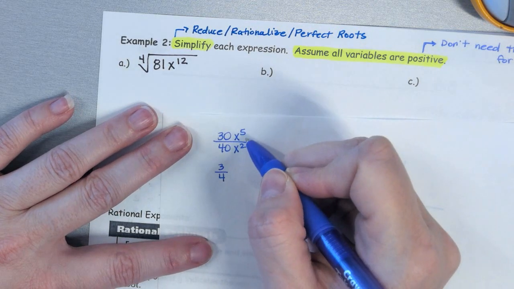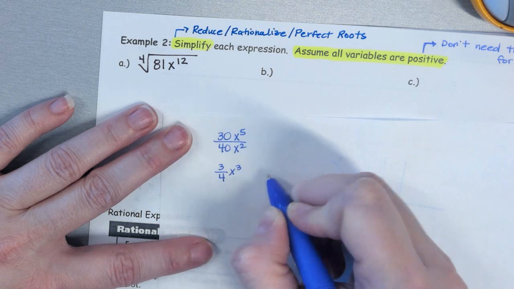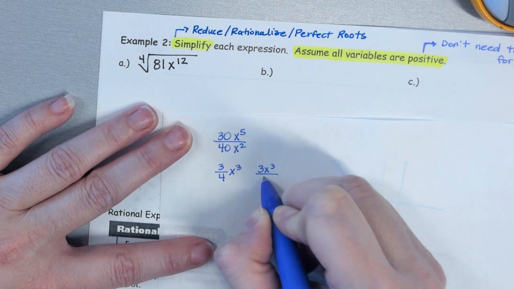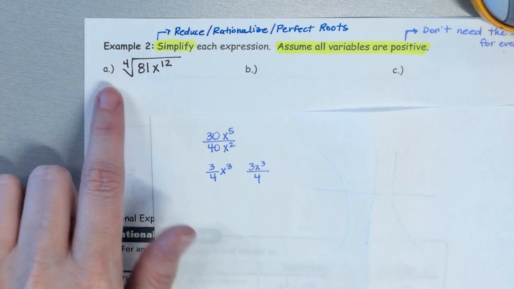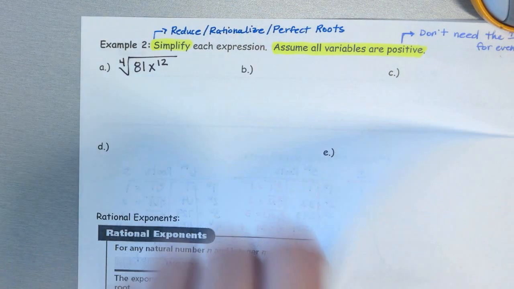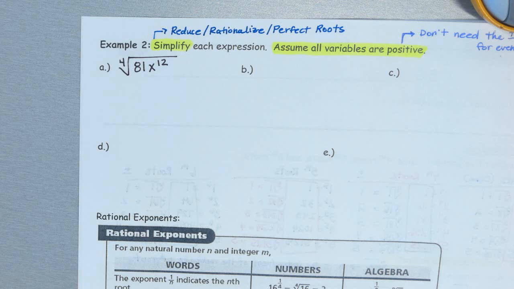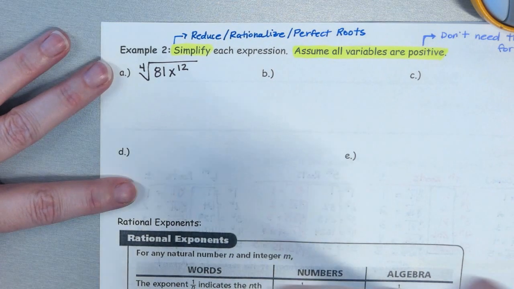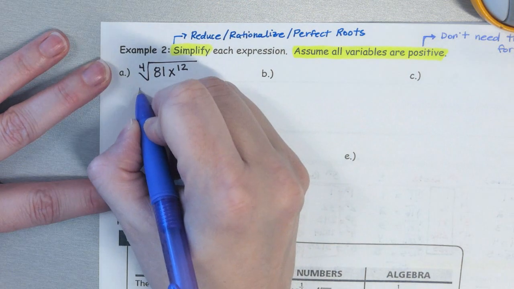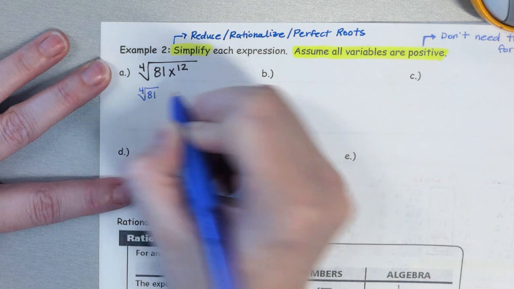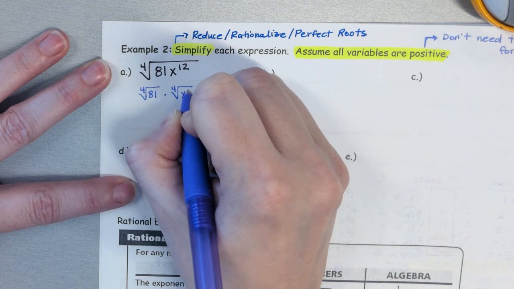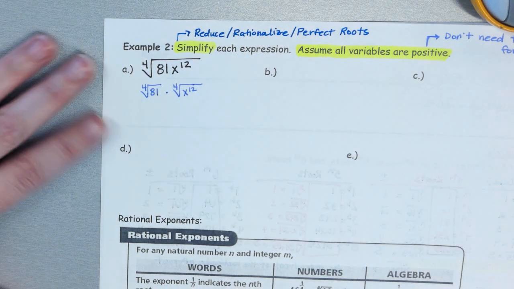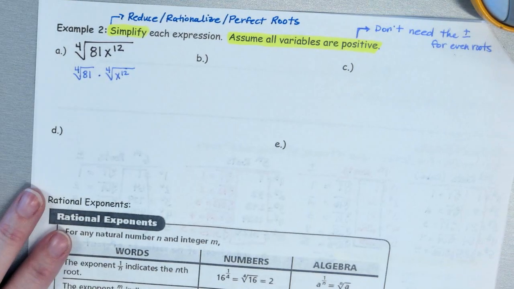So 5 minus 2 would be 3, so it would either be like this, or it would look something like this. Similar to what we did in the earlier sections, the rules with numbers and the rules with the variables are going to be a little bit different. So let's split this up into the fourth root of 81 times the fourth root of x to the 12. And we'll simplify each one separately.